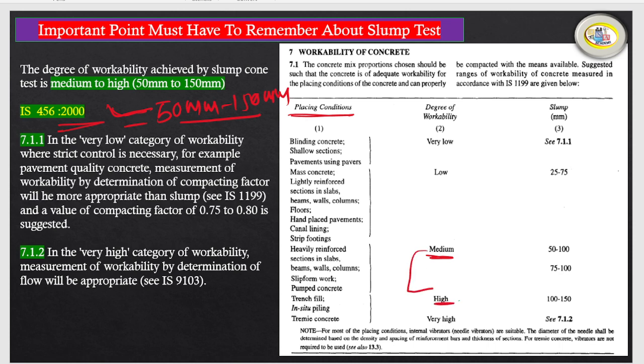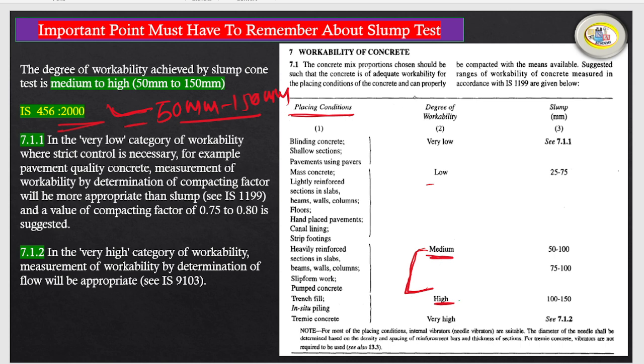Within this range only, the slump gives a good result. For low and very low, it does not give an appropriate or exact result. So the degree of workability achieved by the slump cone test is in the 50 to 150 mm range.